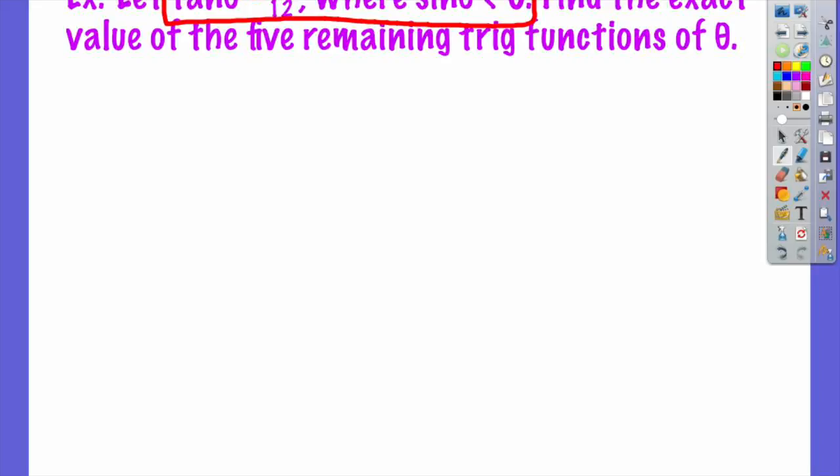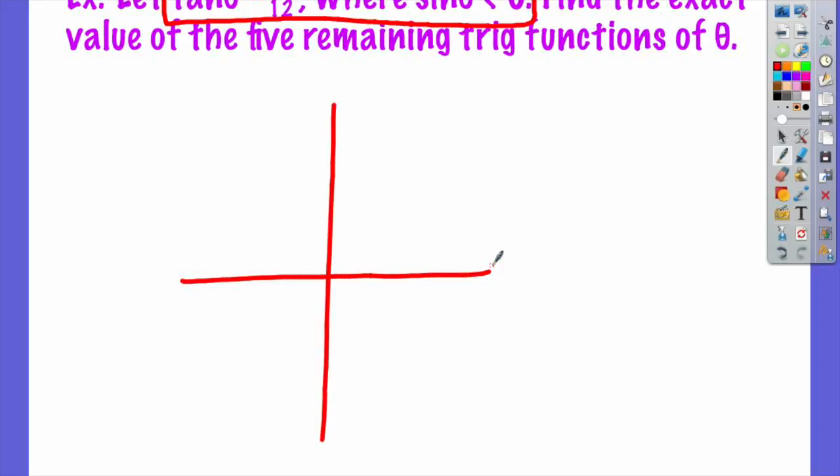And we're also told that sine of theta is less than 0. If sine of theta is less than 0, that means that sine of theta is negative. So when you think of your coordinate plane, where is sine negative?